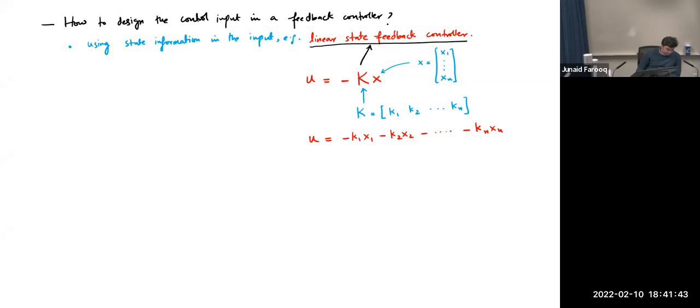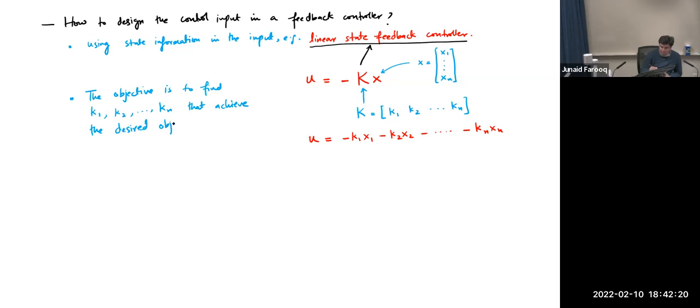So if that's the controller, then the objective here is to find the Ks: K1, K2, to Kn that achieve the desired objectives.